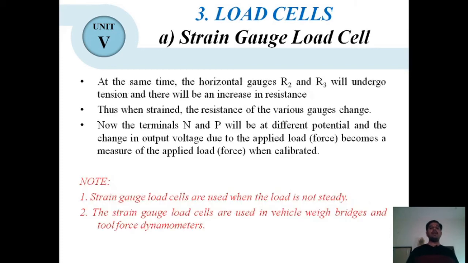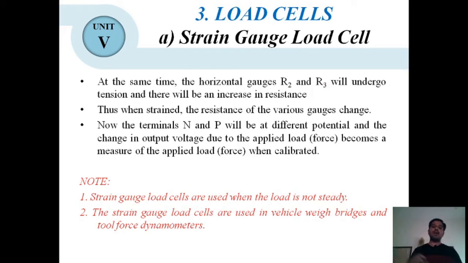At the same time, the horizontal gauges, R2 and R3, which are placed exactly perpendicular to R1 and R4, will also undergo tension. There will be an increase in their resistances. Thus, when strained, the resistance of the various gauges changes.